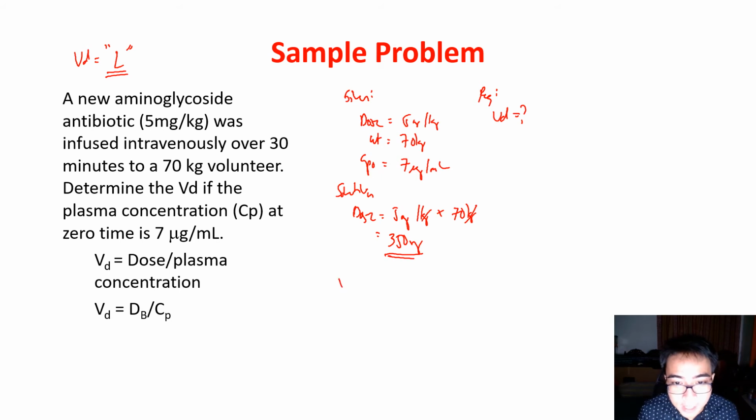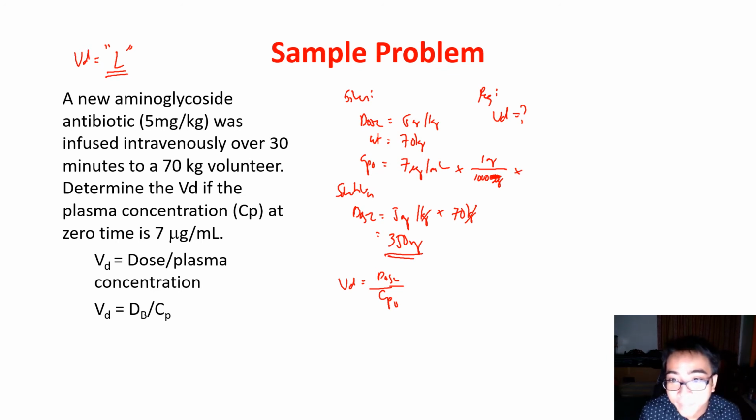To compute for VD, as we said, all I need is dose over CP sub 0. Now, looking at my plasma concentration at time 0, it is in micrograms per ml. So, what will we do? We need to convert the units. 1,000 micrograms is to 1 milligram.